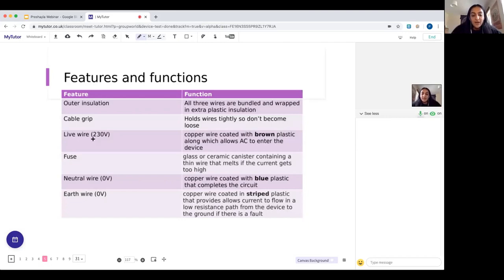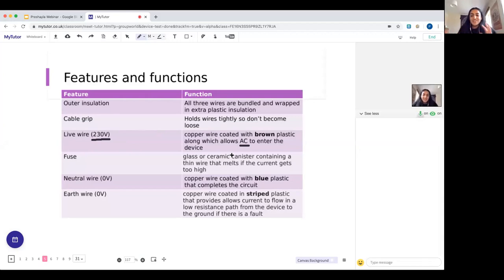Now the live wire is what is held at 230 volts. So we know that our alternating current has a value of 230 volts. That might sound a bit confusing because I've just said the alternating current is 230 volts, but remember we can use alternating current to mean alternating potential difference, even though the AC means alternating current.